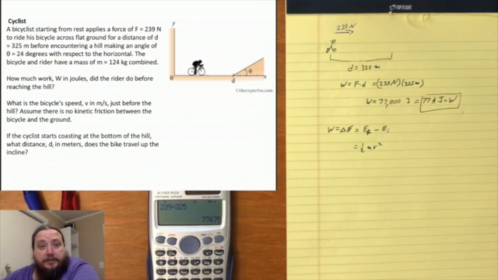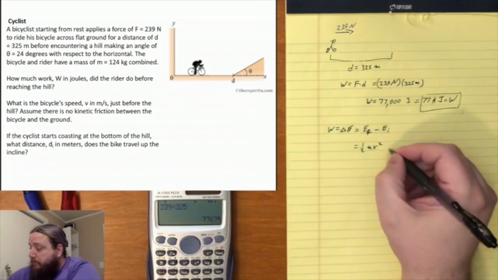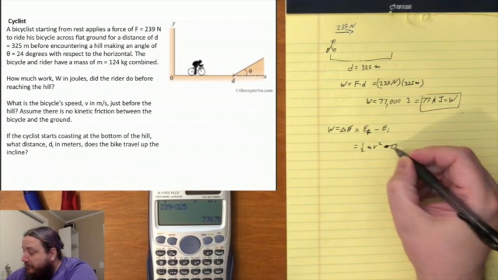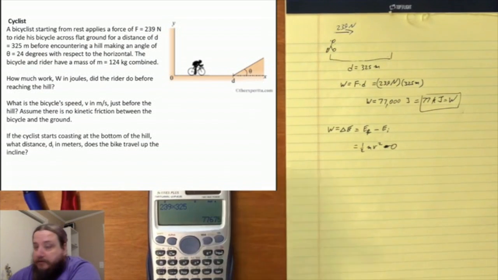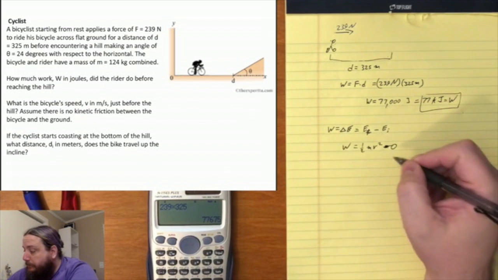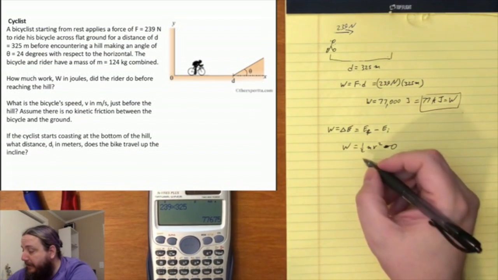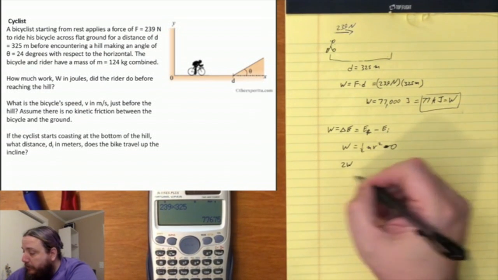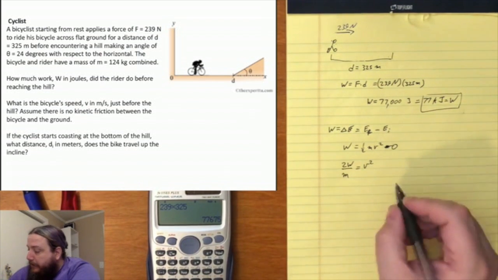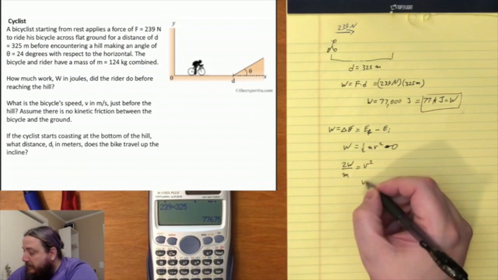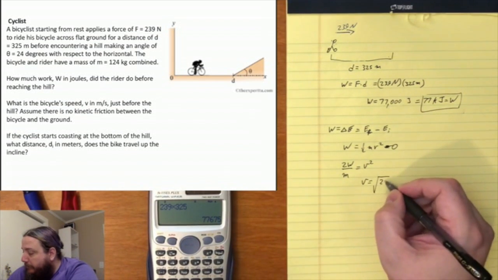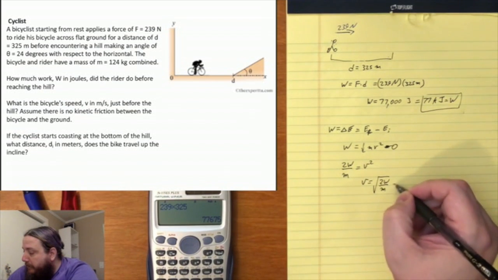And our initial energy, well, we started from rest, so our initial energy is 0. And that's got to be equal to the work. So twice the work divided by m equals v squared, or v equals the square root of twice the work over the mass.